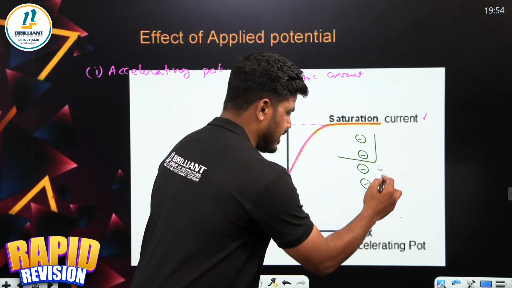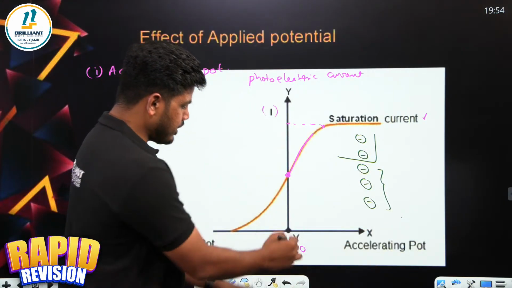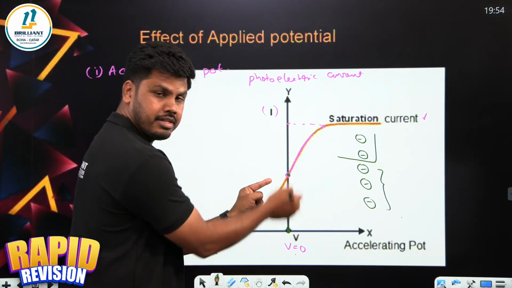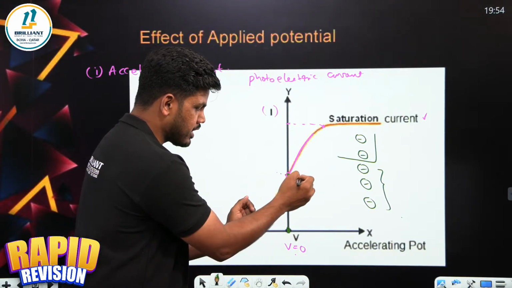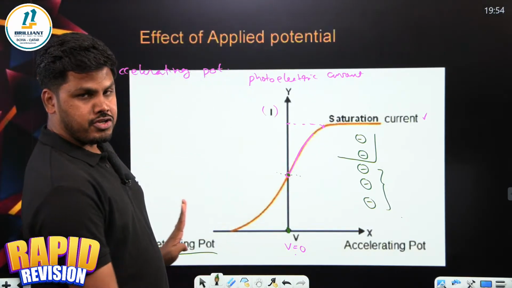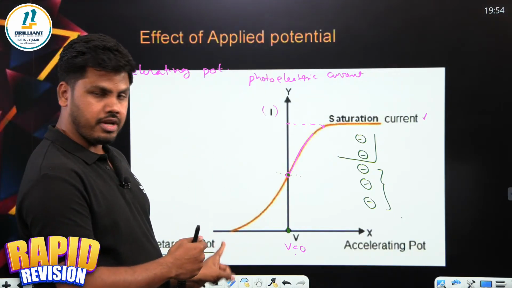So only these 3 were crossing. Correct? So without the help of external potential, those 3 electrons will constitute a current. That current is this non-zero current. Now when we reverse the cell, it is a retarding potential.